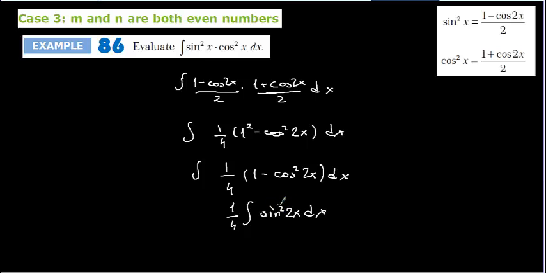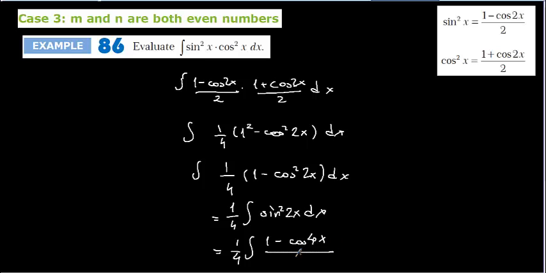Again, this is even, and it's only sine, so I'm going to use the same substitution, but with sine 2x now. That's why it's 1 minus cosine 4x over 2.